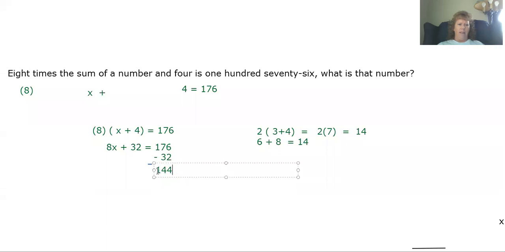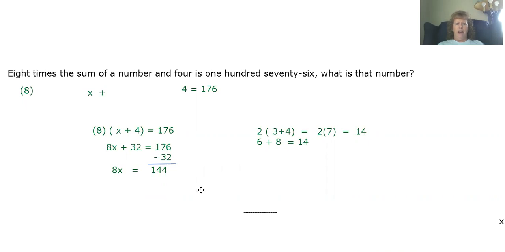I should have written that in there. Well, you wouldn't really have to, but I do want to write that: 8x is equal to 144. Okay, so now I need to separate the 8 from the x.